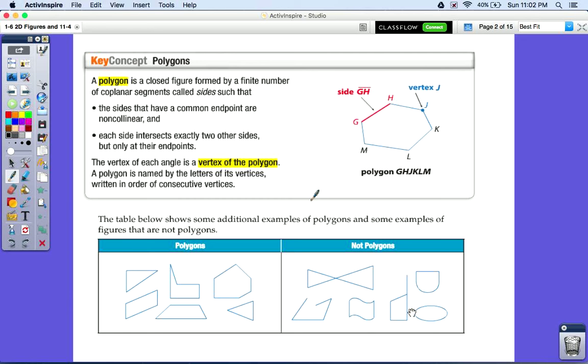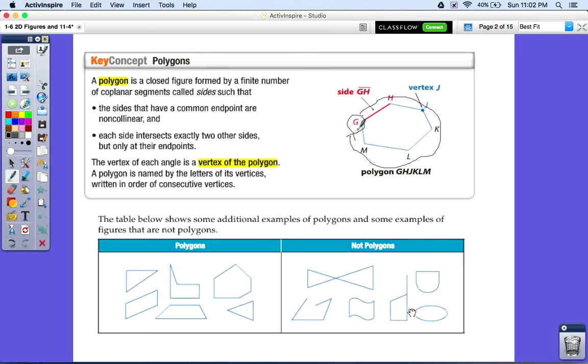Now, the vertex of each angle is a vertex of the polygon. So a polygon is named by the letters of its vertices, and they are written in order of consecutive vertices. If you start at point G, you should be able to go around and come right back to G. So they name this G, H, J, K, L, M. Now, you cannot just skip around.